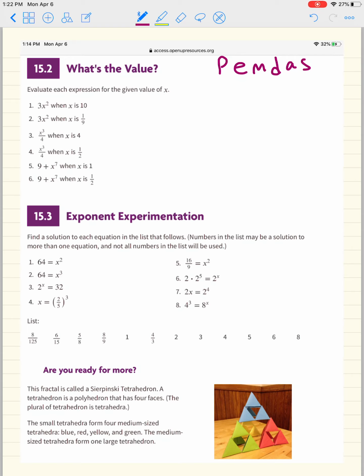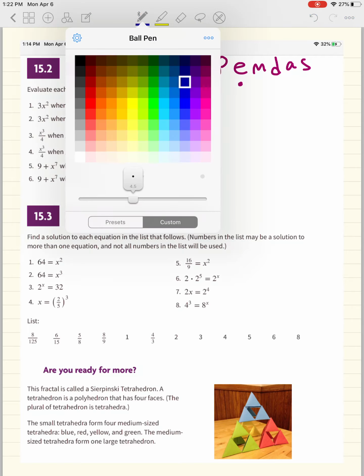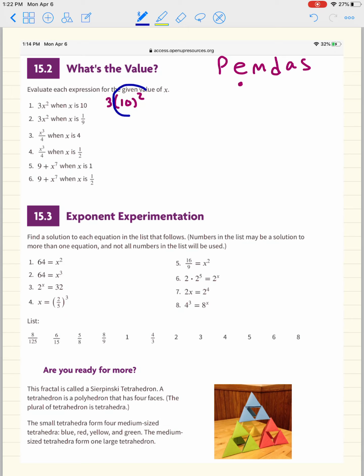Okay, so 3x squared when x is 10. So I'm going to go ahead and rewrite this using 10. Now remember, in our order of operations, exponents come before multiplication. So for that reason, I'm going to do this chunk first, and I'm going to end up with 100, because 10 times 10 is 100.